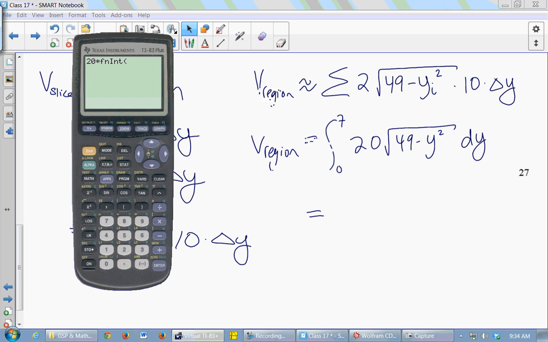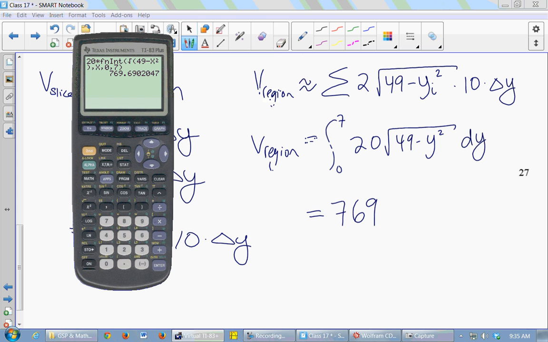Okay, so 20 times the integral of square root of 49 minus x squared, comma x, comma 0, comma 7. $769.69. There is, you're right, yeah.